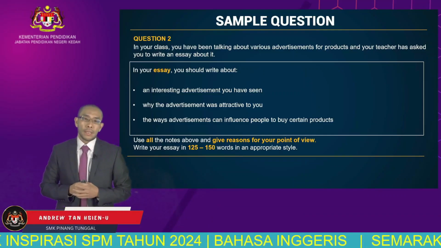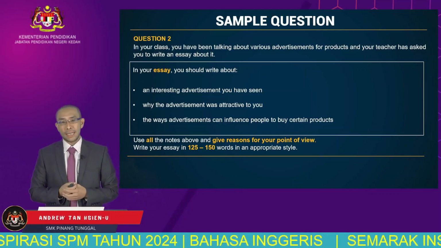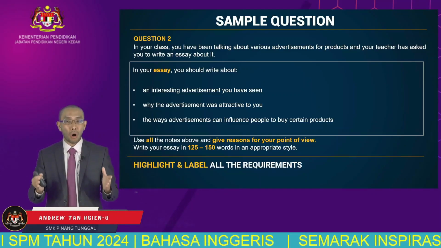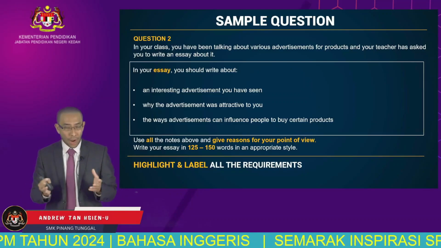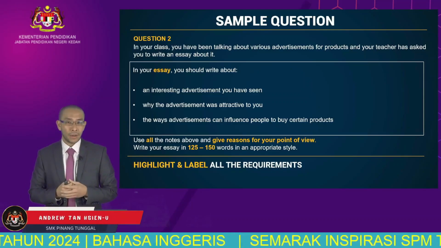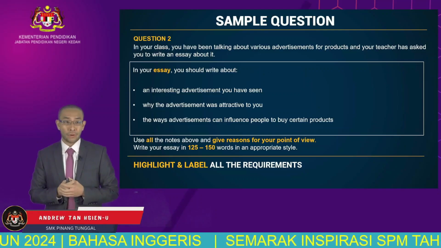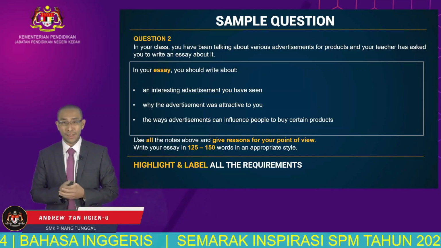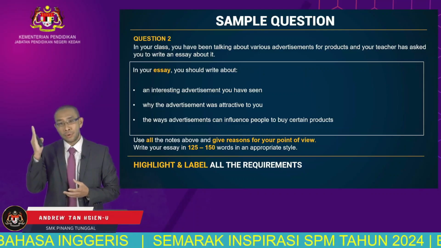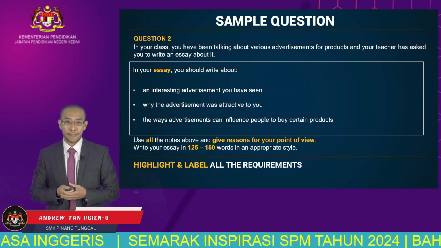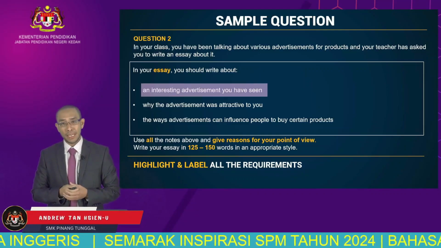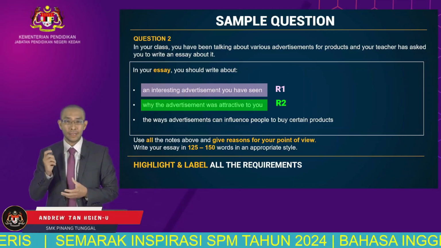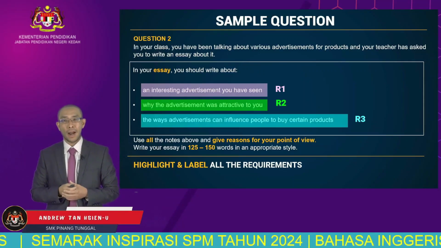Now, typically when you get a question like this, the first thing you need to do is to highlight and label all the requirements. Requirements here means kehendak soalan, what you need to answer to score marks for your content. So if the question is based like this, it is rather easy. All the requirements are the bullet points. So go ahead, highlight it and label it R1, R2, and R3.